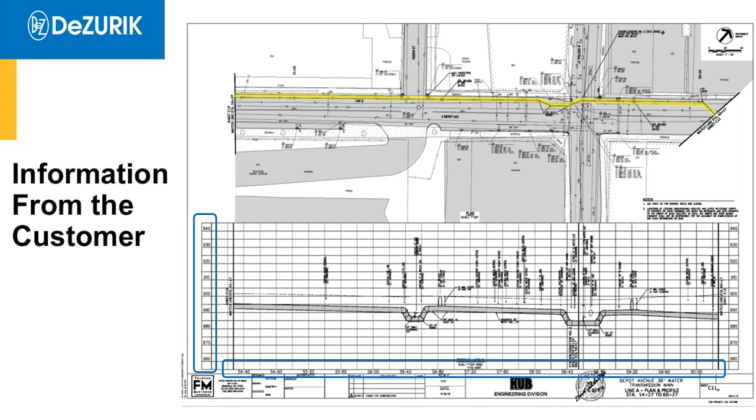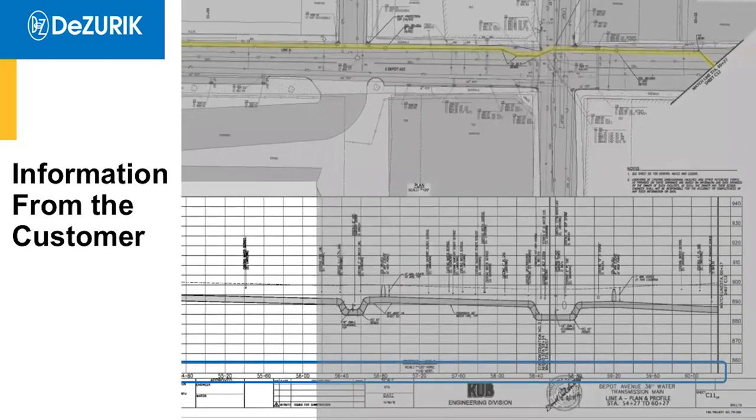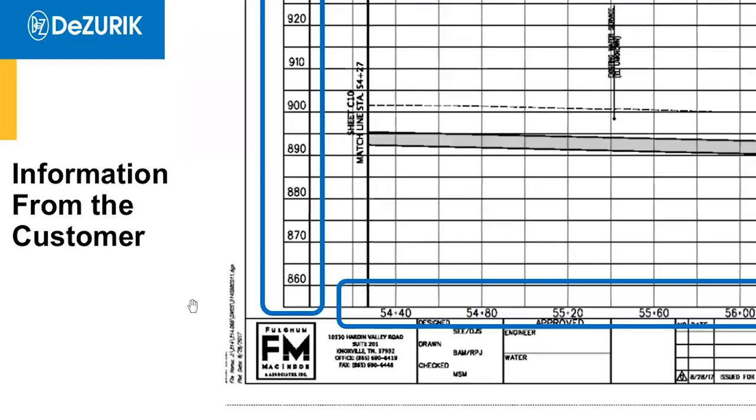But one thing to bear in mind, if you're not that familiar with civil plans, you'll notice, if you can see it on the very left bottom, the first station point is called 54 plus 40. Okay, what does that mean? 54 plus 40 means actually 5,440 feet.